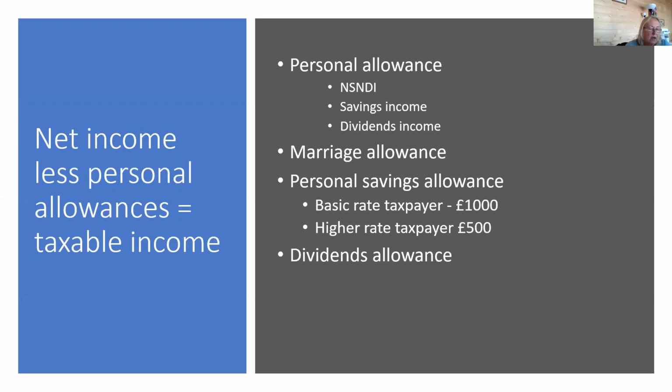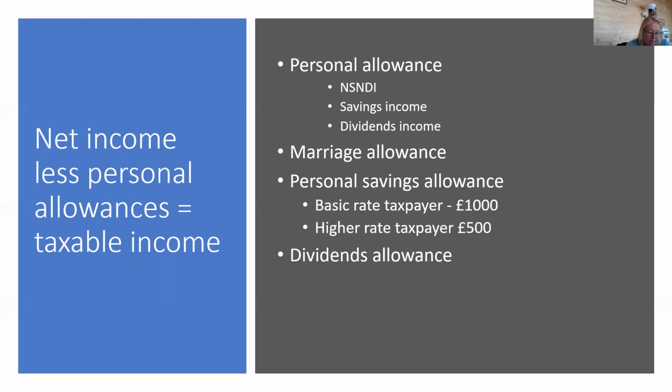And it's taken off your income, but there's a queue of who gets the personal allowance first. So first of all, any non-savings and non-dividends income uses the personal allowance up. If you've still got personal allowance left after you've taken that off, then you would set your savings income against it. And if you've still got any left at that point, then you would set your dividends income against it.